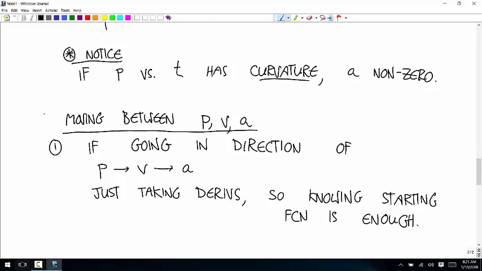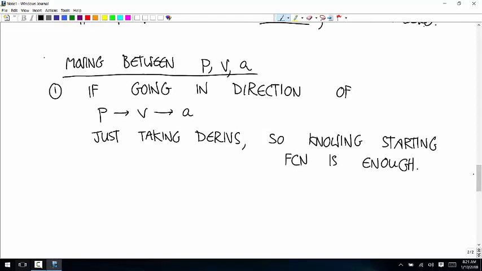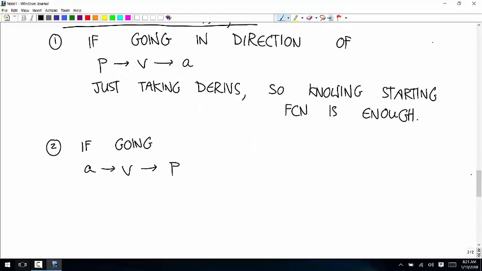Okay, so if you know that position versus time is equal to cosine t, then that's enough information to know the velocity. You just take the time derivative. It's different if you're going in the other direction. So if you're going from A to V, or V to P, or A to P, knowing a function isn't enough.